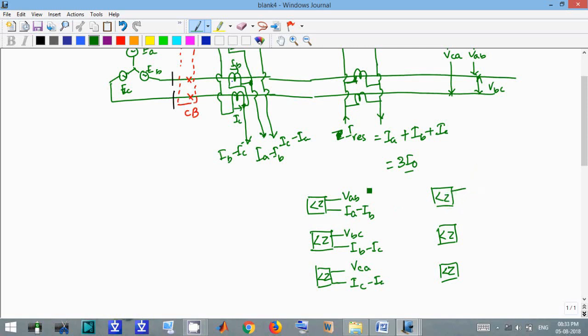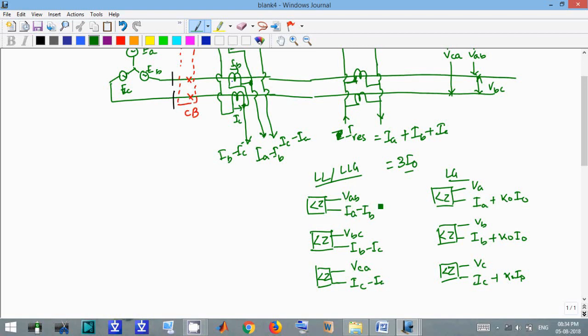And this is for line to line or double line to ground fault. This is our LG fault, and this is VA divided by IA plus K naught I naught. This is for BG fault, IB plus K naught I naught, and this is VC, and this is IC plus K naught I naught.